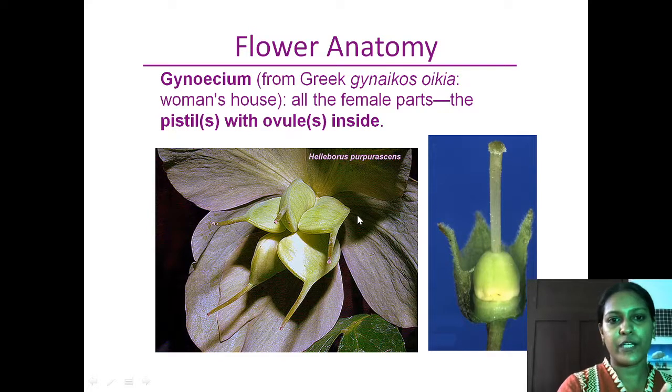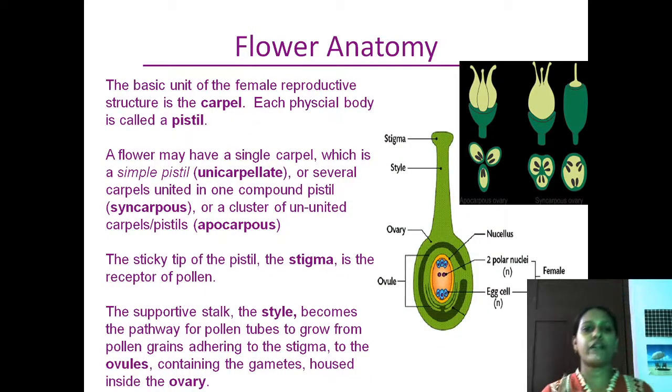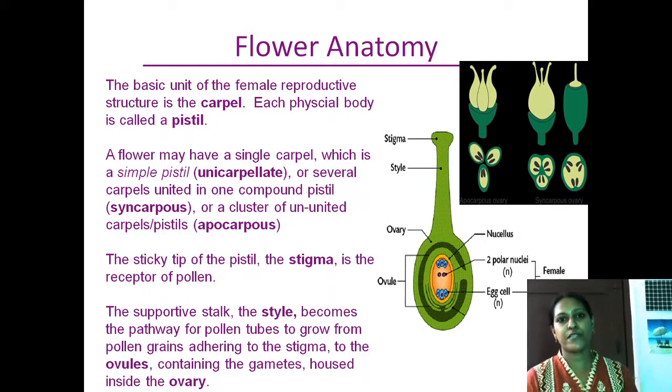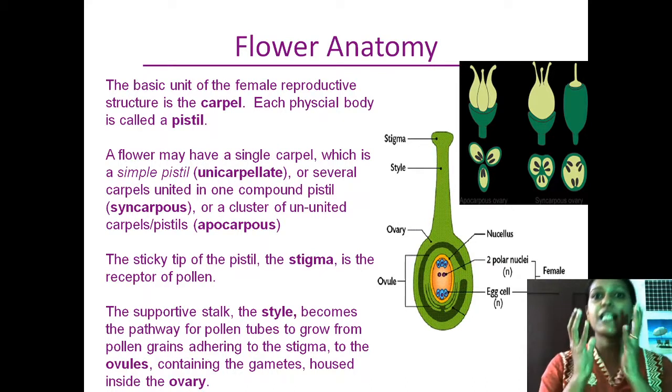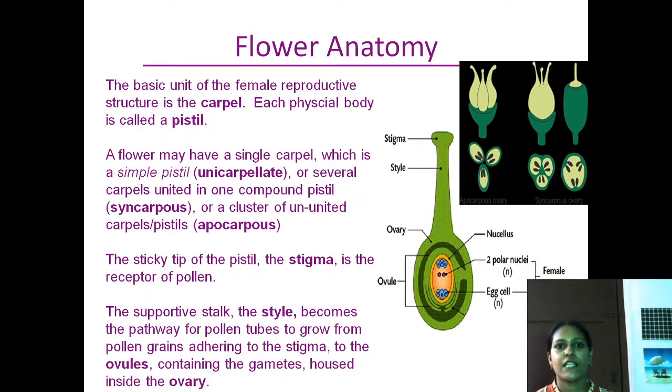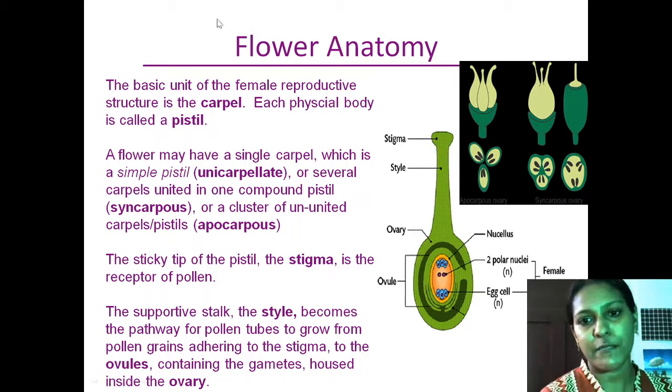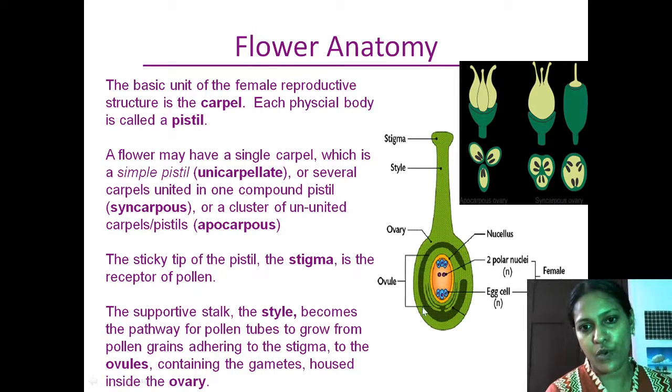No. So when we move to the flower anatomy and look into the center of the flower, what you could see is a carpel. Carpel is the female reproductive structure. We call it the pistil as such. So why is it unicarpellary? Unicarpellary means only a single carpel is there. See the diagram? Only a single carpel, so a single ovule is here.